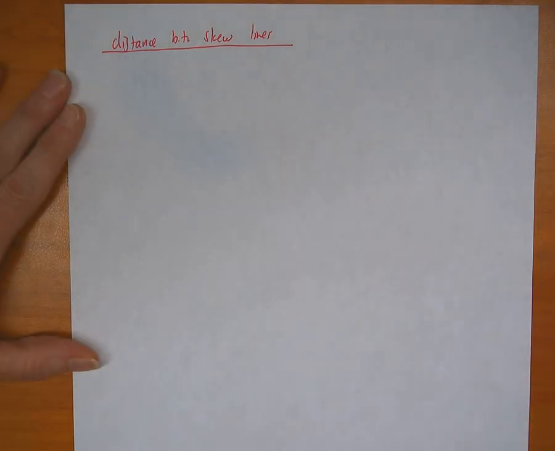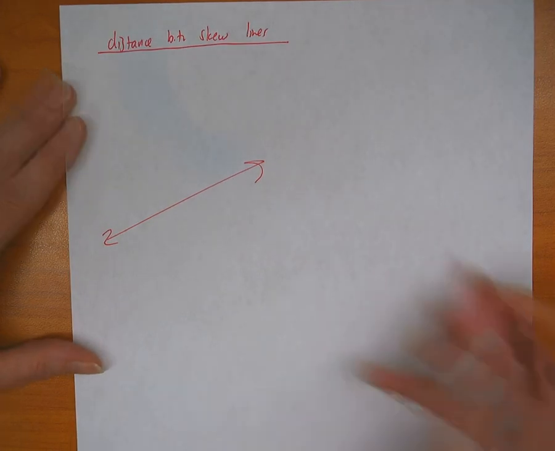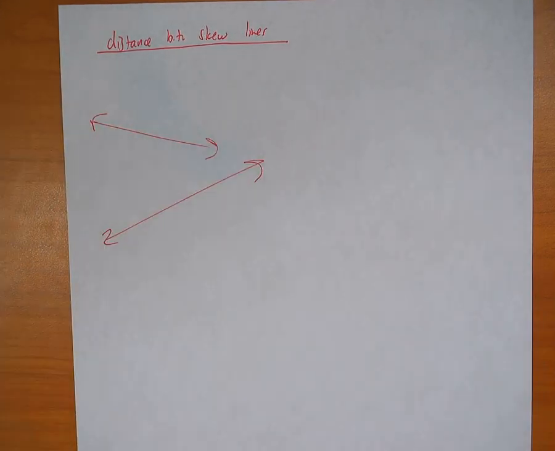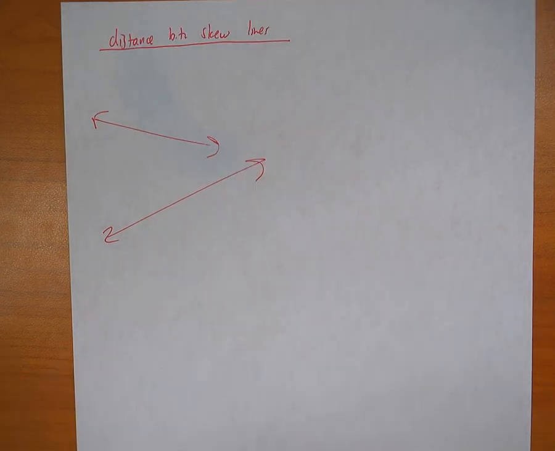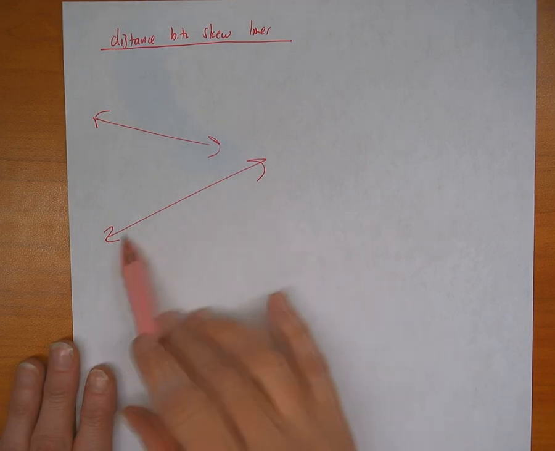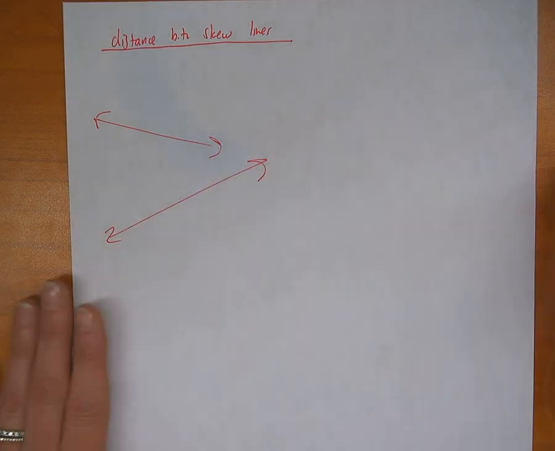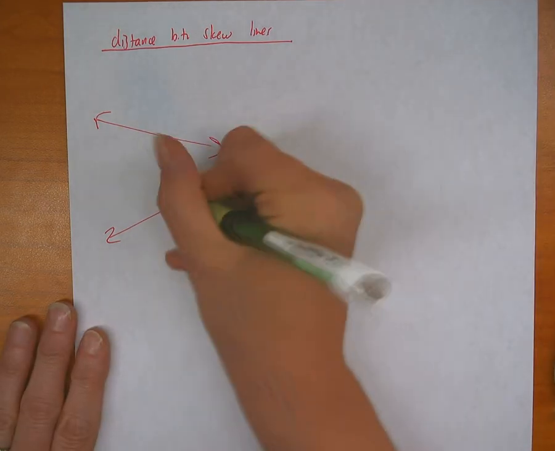Okay, here's what we are going to do. So let's say we have one line, and then we have another line that's in a different plane than that first line. So don't picture these lines as intersecting eventually. Picture this one as lower and this one's higher in the air. And there is a line between them that would be perpendicular to both.